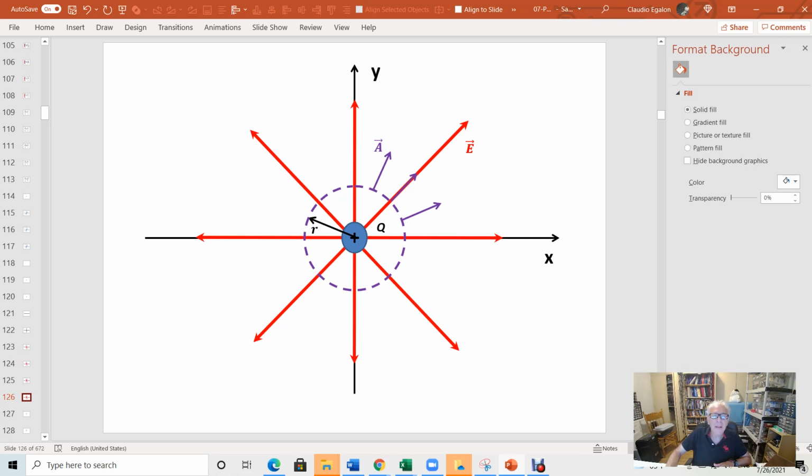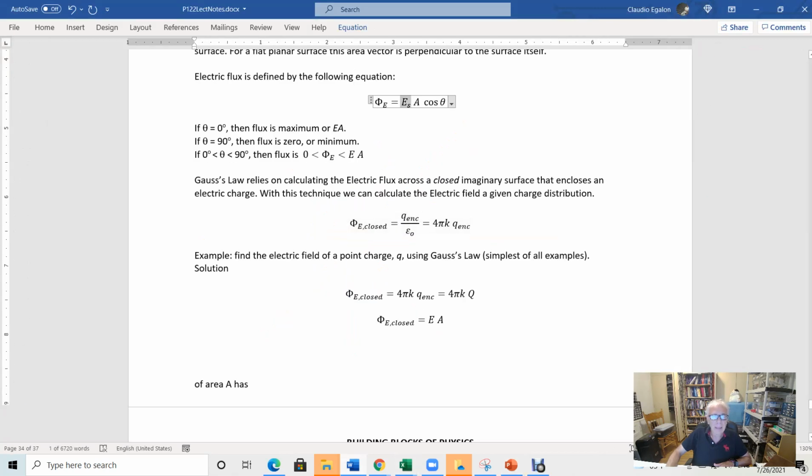No. It's the electric field at the very place of the surface. So we can emphasize that by putting that S subscript to remind you that it is the electric field on the Gaussian surface. So that's how the flux goes.